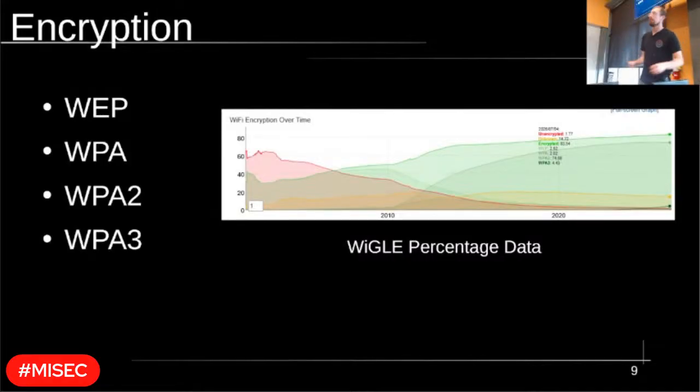So, encryption. As I already mentioned, this is probably going to be about the most technical propeller-hat portion of the talk. The data in the table there was pulled from WiGLE's website. This is a percentage graph, hopefully viewable for the people in the back. It talks about just the generic encrypted, decrypted, and unknown.